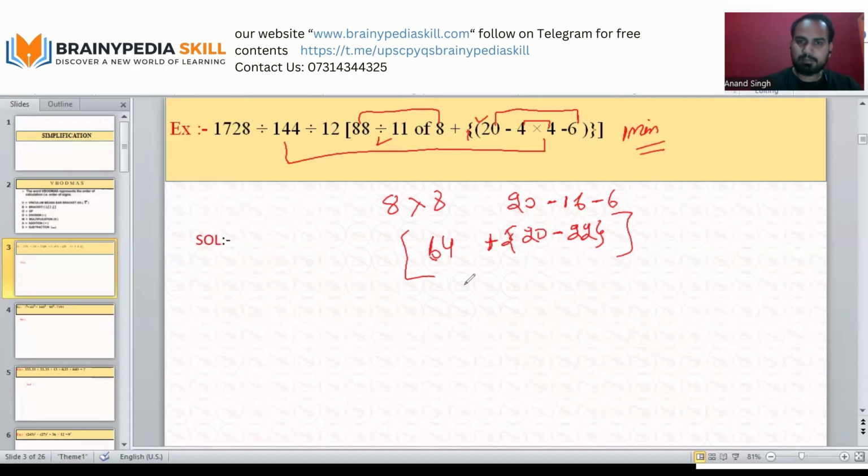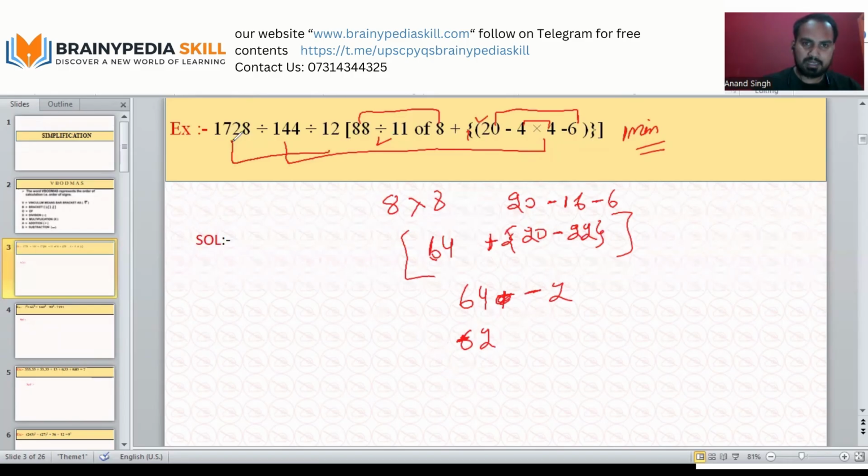Now, if I open the bracket, it is going to be 64 plus 20 minus 22, which is going to be -2, which is going to be minus 62, right, everyone?